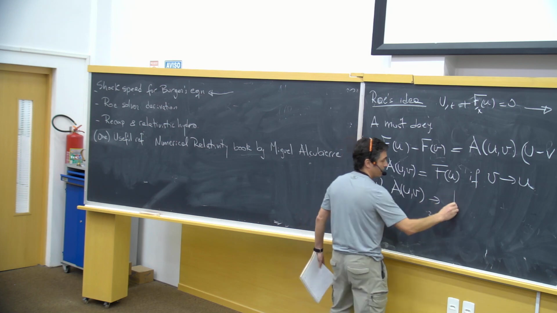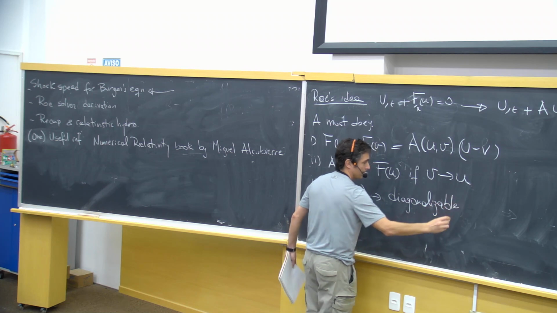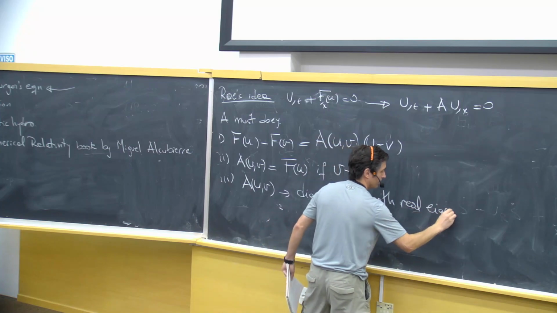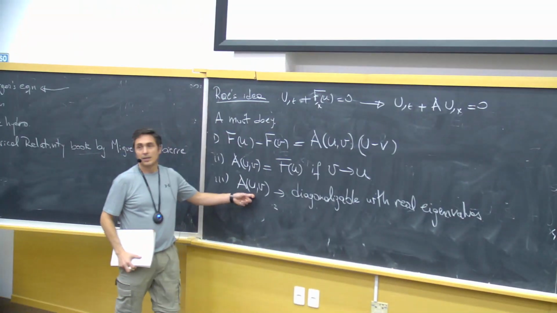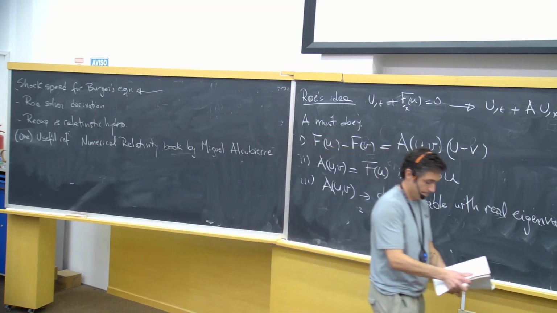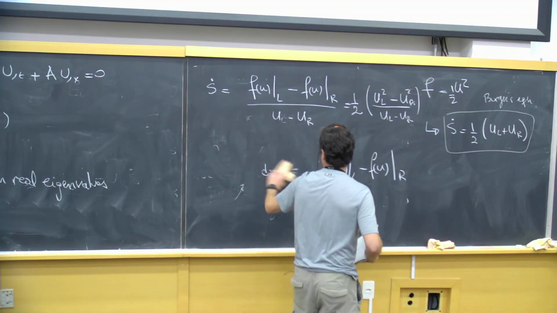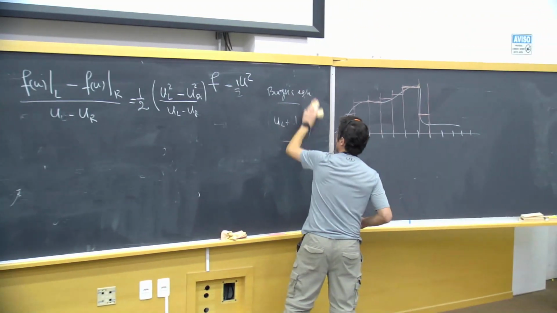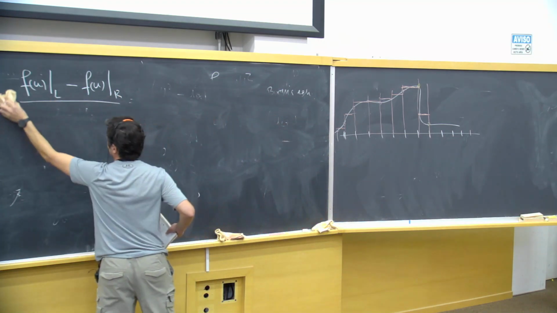This should be diagonalizable with real eigenvalues. And this we want, otherwise we know the problem will just blow up in our faces. But we're going to use that property quite extensively in the construction of the approximant.